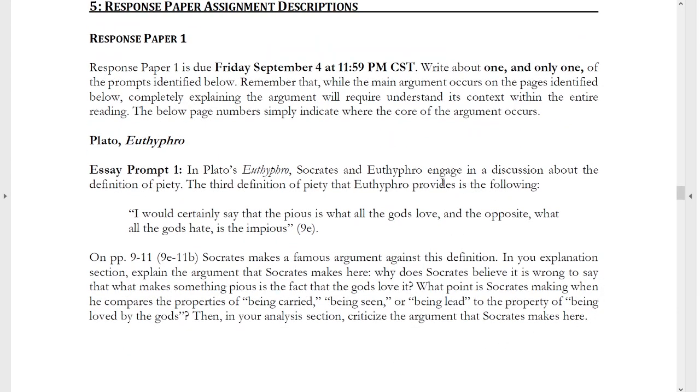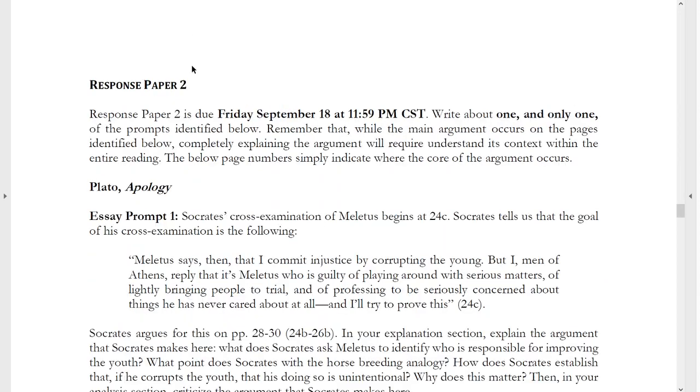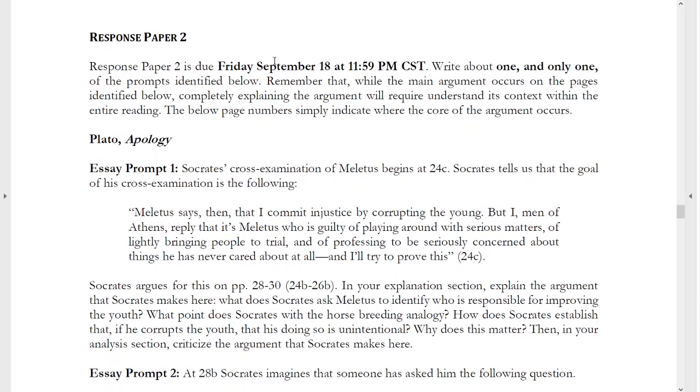Here's the prompt for response paper 1. This is what you would be writing about. It also lists the due date here. So response paper 1 is due Friday, September 4th at 11:59 p.m. Central Standard Time. And all these response papers are always going to be due on the Friday of the week in which they're occurring. So for instance, response paper 2 is due Friday, September 18th, etc., etc.